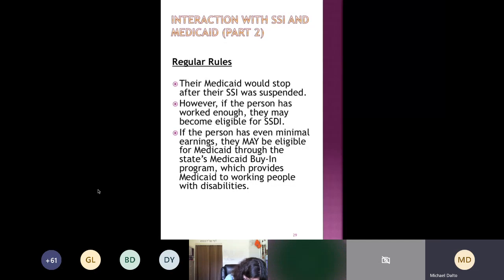So why is that so important? Well, because many, many people with disabilities cannot do without Medicaid. People typically need their Medicaid for medical expenses, and many people with disabilities need Medicaid because it covers services in the community that they depend on in order to be able to live in the community.